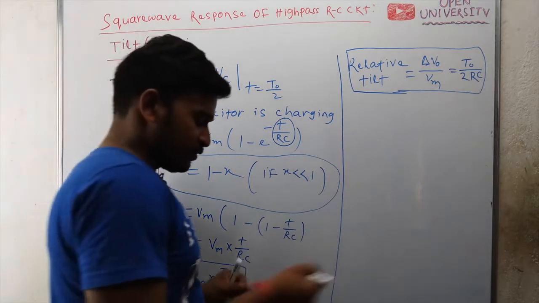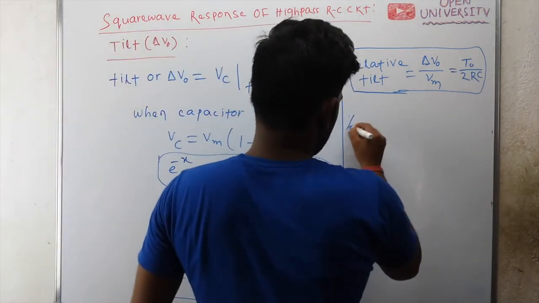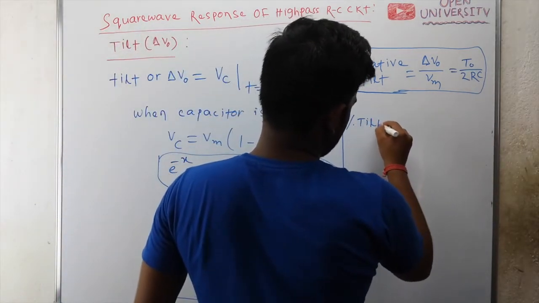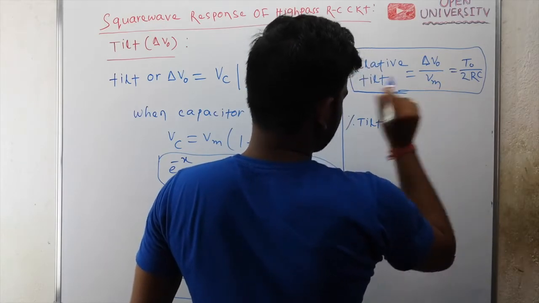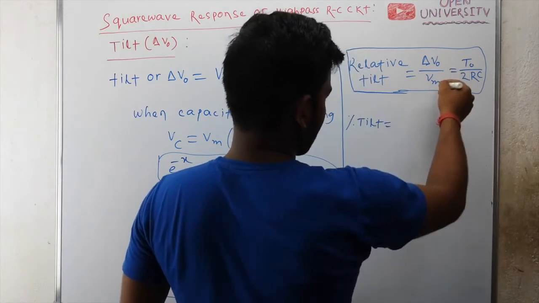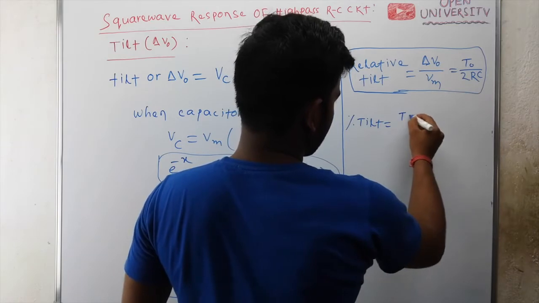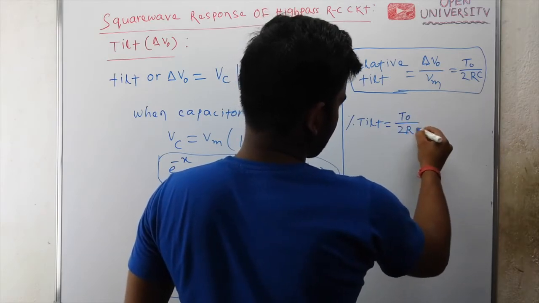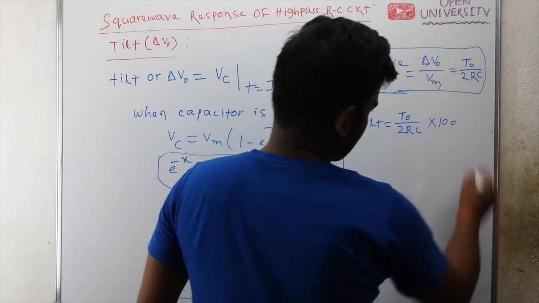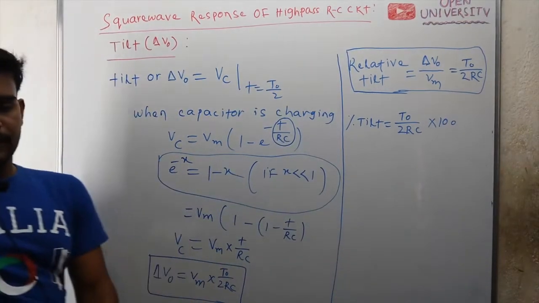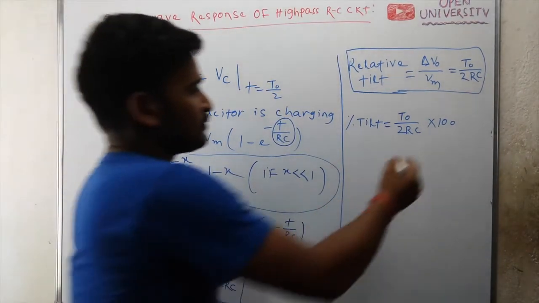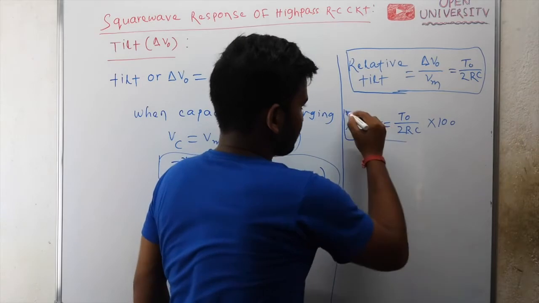If you want to find out what is percentage tilt, then it will be delta V naught by Vm into 100, or t naught by 2 RC into 100. This is the formula of percentage tilt.